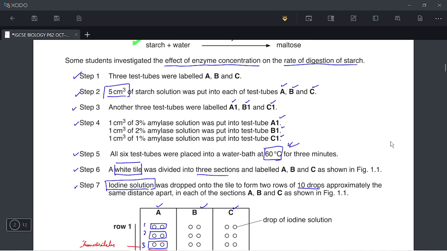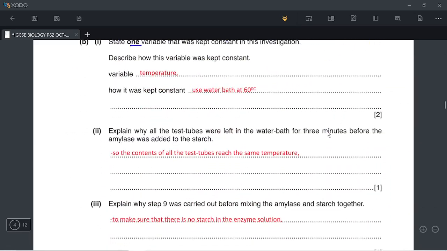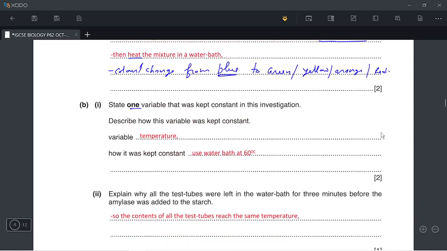Or you can say there is the same volume of starch solution also, that is 5 cc. That also can be written. Okay. So one variable kept constant in the investigation is temperature, you can write. Okay. So how was it kept constant? Use a water bath at 60 degrees Celsius. That could be done.